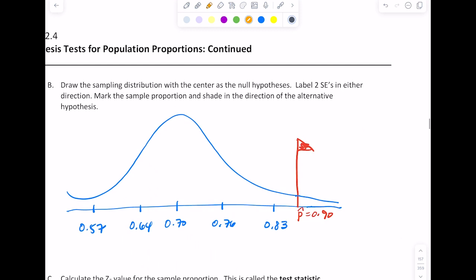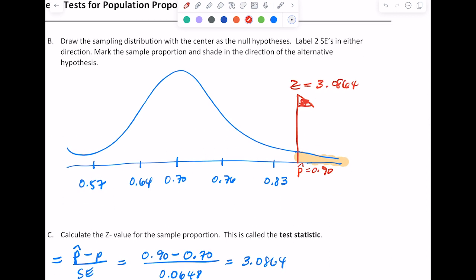So we're shading to the right. And we know that z is 3.0864. Okay, so that's not scaled correctly. Obviously, it should be moved down a little bit to a little bit more than where 3 standard errors would be, but you get the idea.